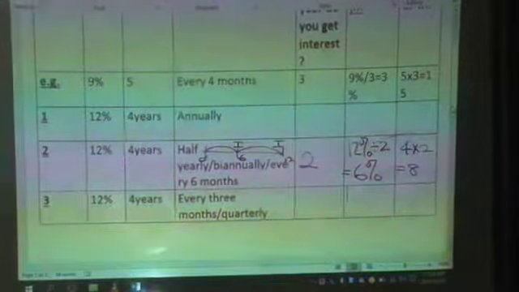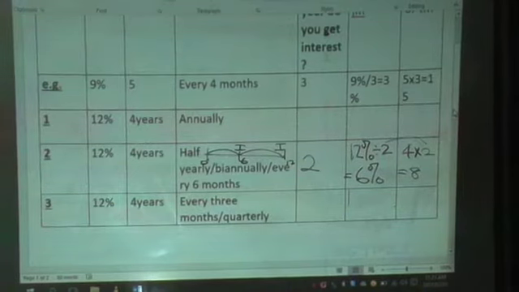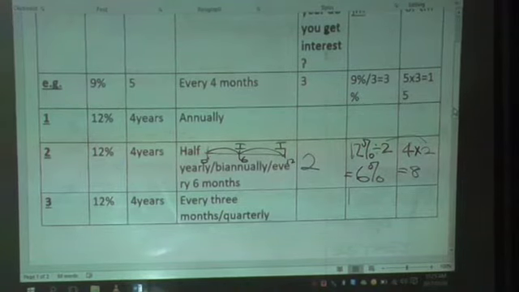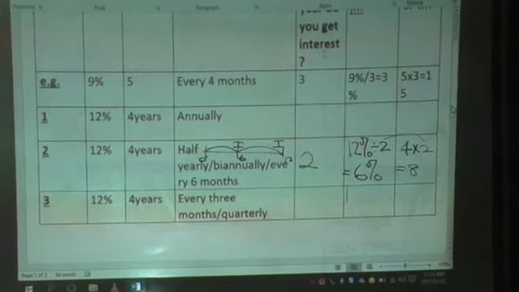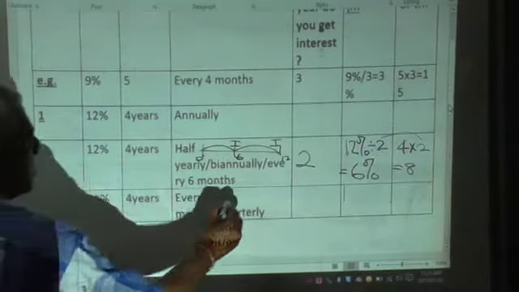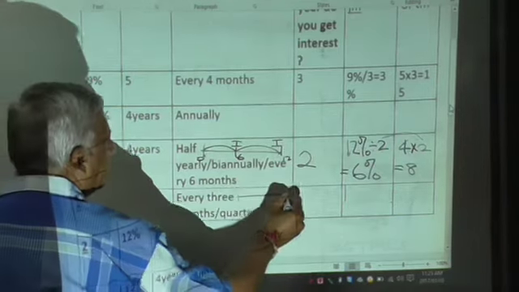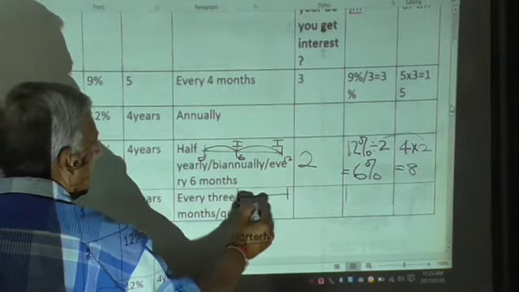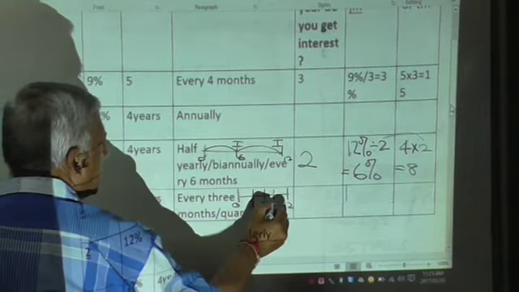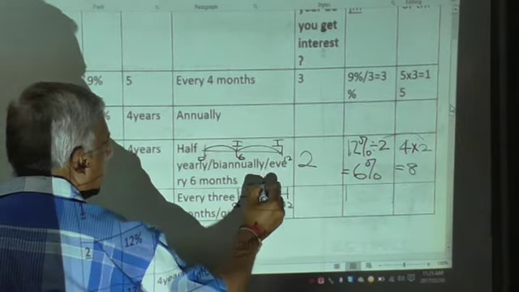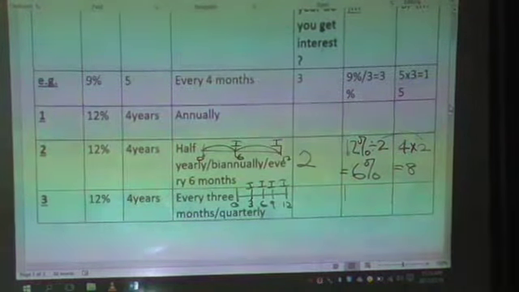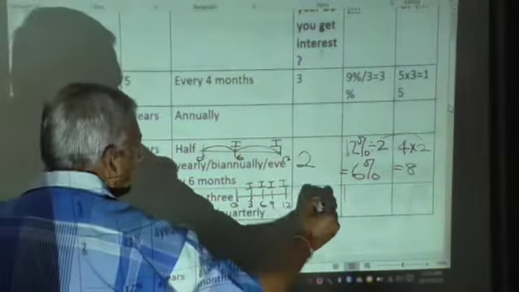Alright, try number 3 now. Give it some thought. Every 3 months, or another way of saying every 3 months is to say quarterly. So there's your year, 0 to 12, every 3 months. At 3 months you'll get interest, 6 months you'll get interest, 9 months you'll get interest, and at 12 months you'll get interest. So you'll get interest 4 times a year. There's your 4.